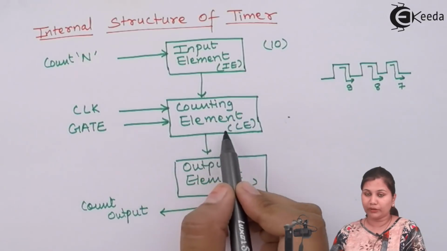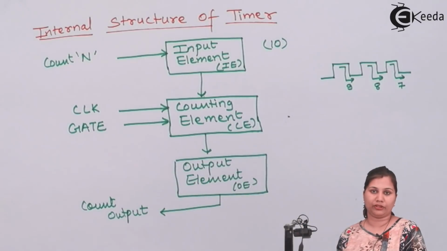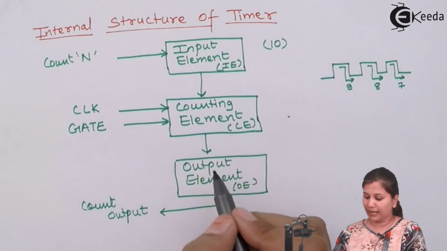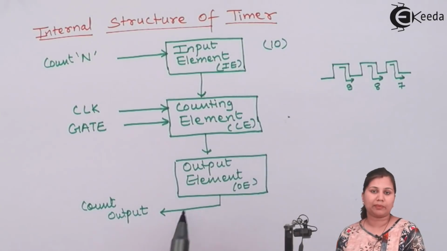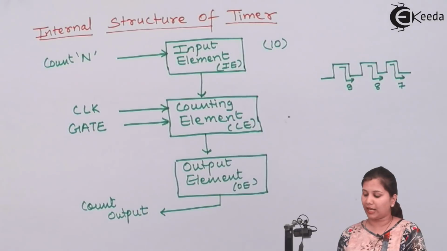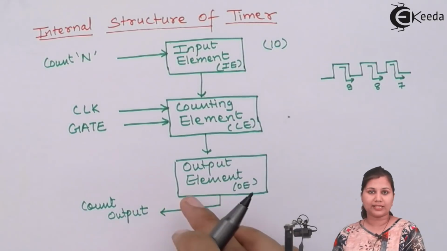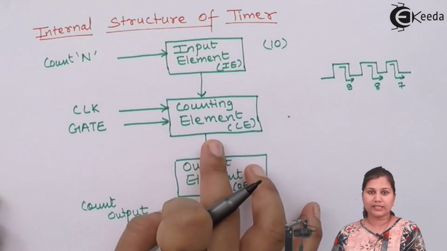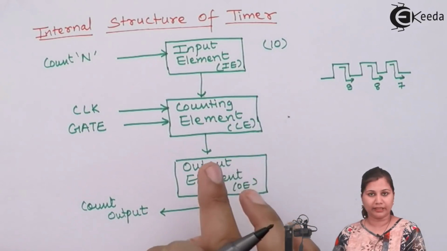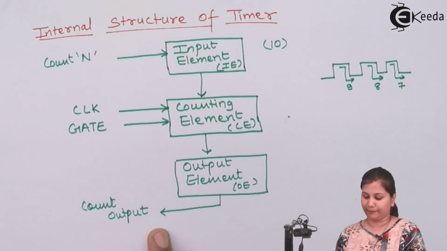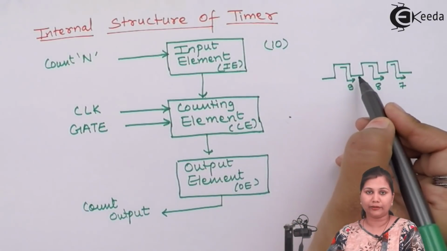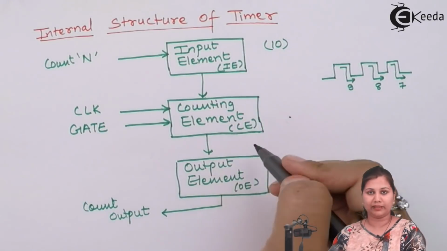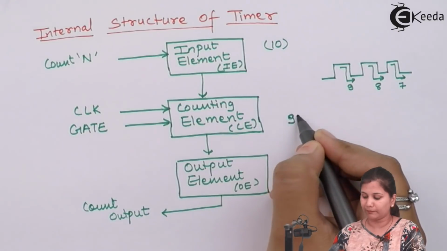Now the decremented count is available at the output element. This output element is basically a transparent latch, and the function of this latch is that whatever is the input, the output will be the same. Suppose for the first clock high to low transition, the count has been decremented and its value has become 9.